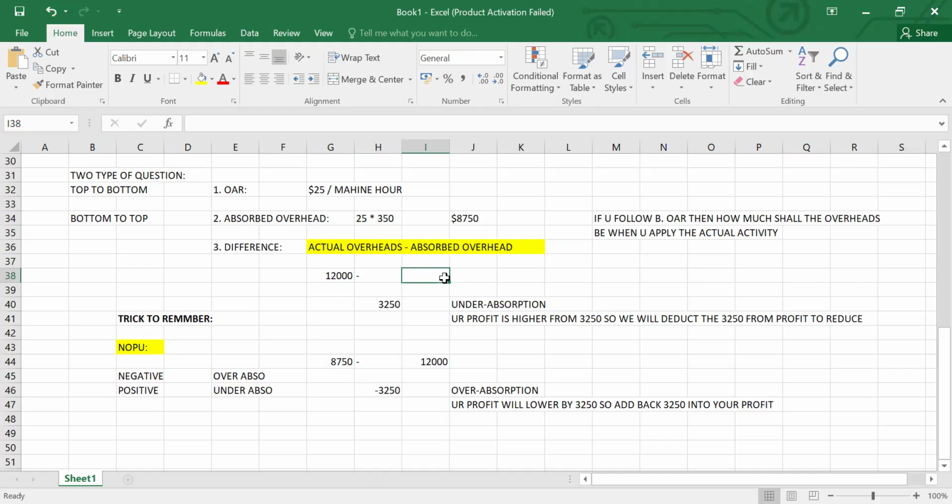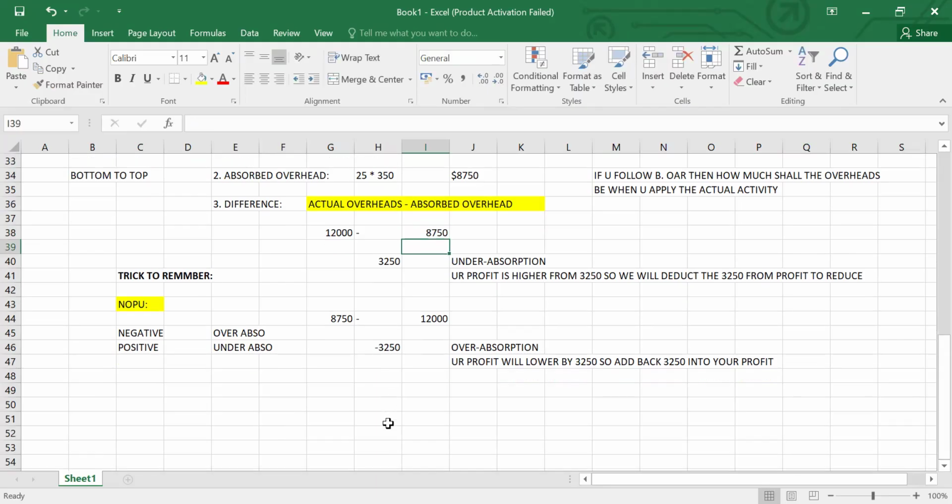Under absorption means that you have recorded less expense, but the real expense was higher. So recorded less expense means that if we deduct 3250 from 12,000, we will get 8750. Remember, I'm writing it here as well.